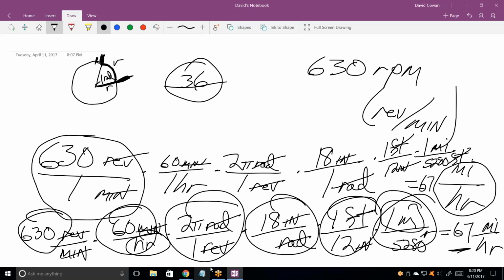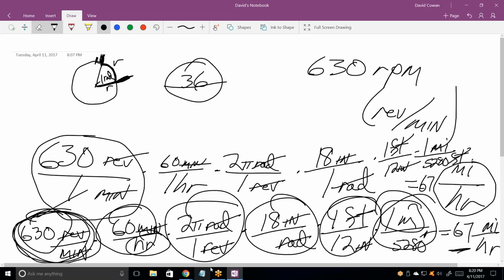In other words, you know that A times B times C times D times E times F is equal to that miles per hour. Well, if they give you the miles per hour, but they want to calculate revolutions per minute, then make this your variable. And all you have to do is solve for it. It's the same general equation. In other words, here, let me be a little more specific.